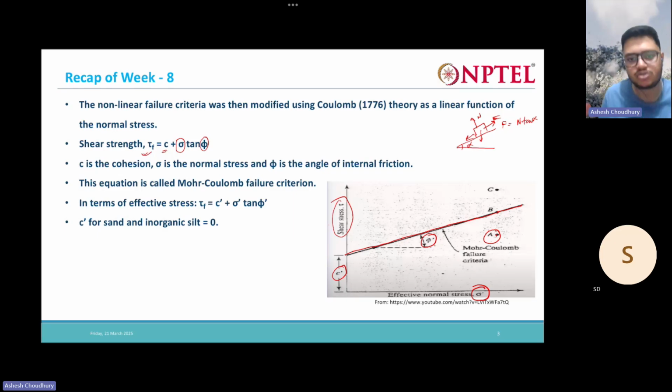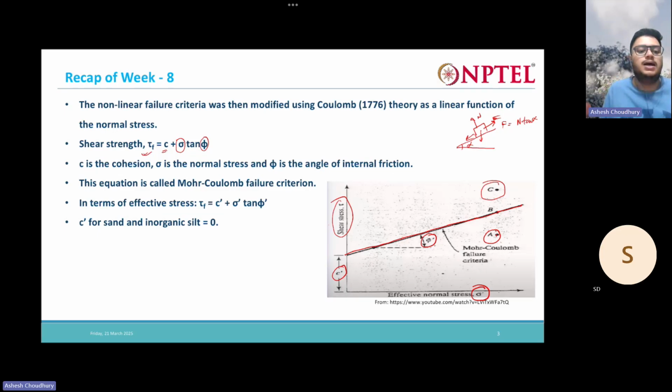It is safe, the soil will not fail, and the soil is able to resist the external loads. At point B, it is just at the verge of failure, but my internal resistance is just enough to resist the failure of the soil. But we cannot have point C because it is higher than the resisting capacity of the soil.